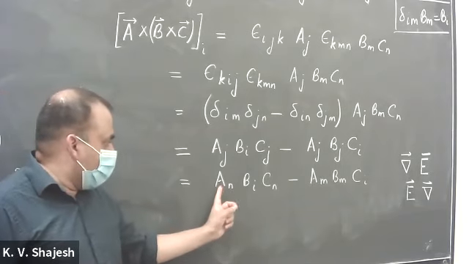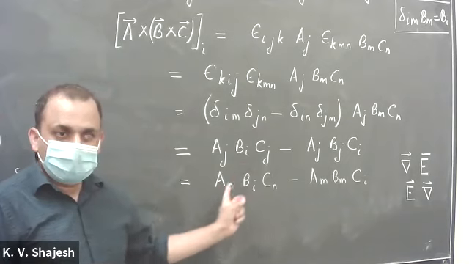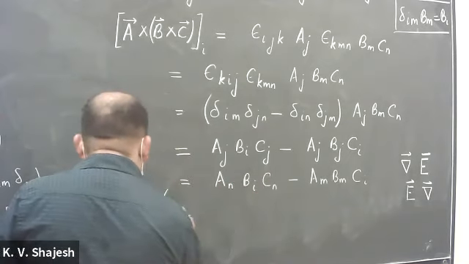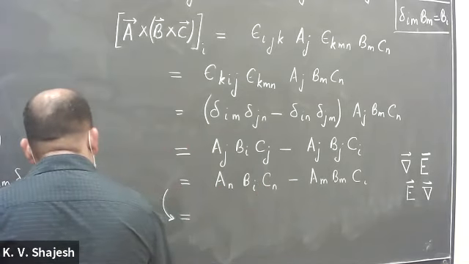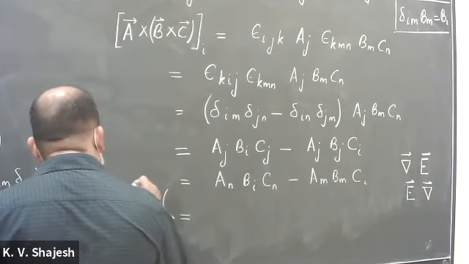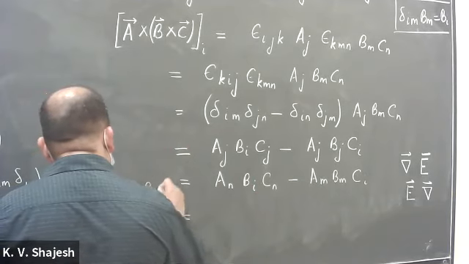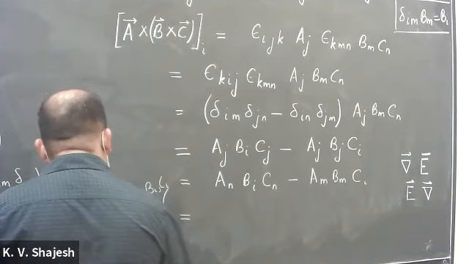See, now I would like to move this to the other side. So let me write this down as if A, B, C are numbers, so AI, BI, and CI are numbers.